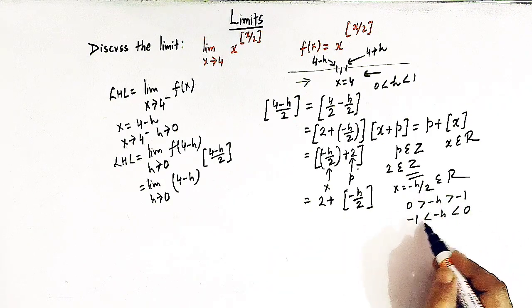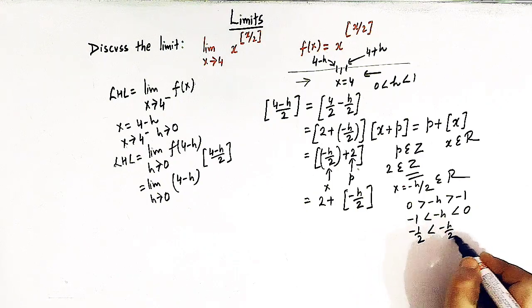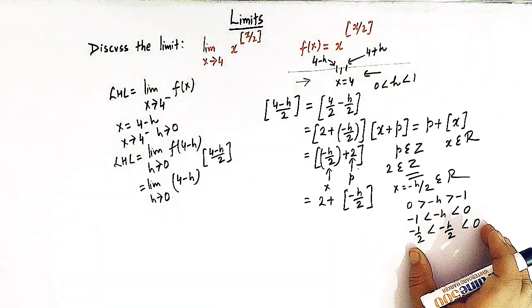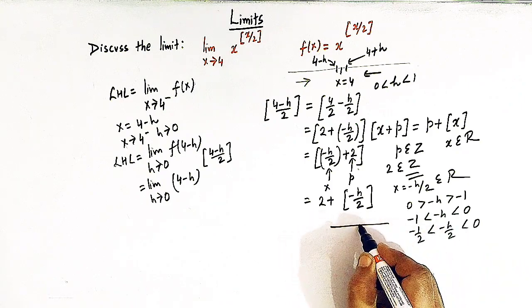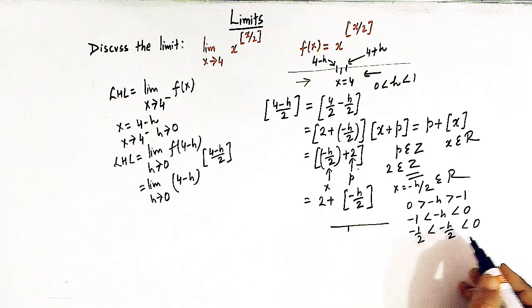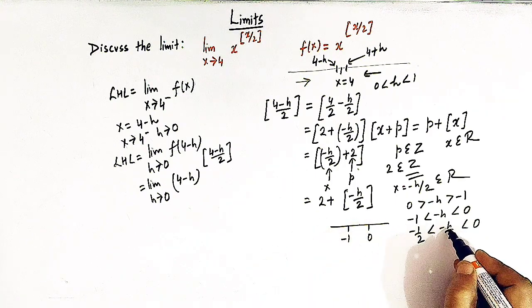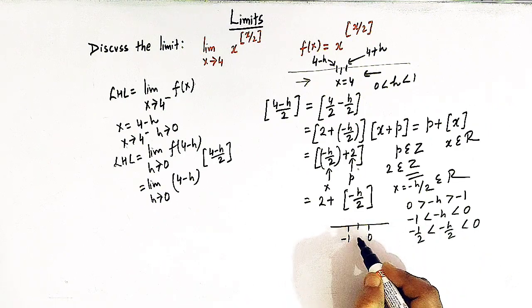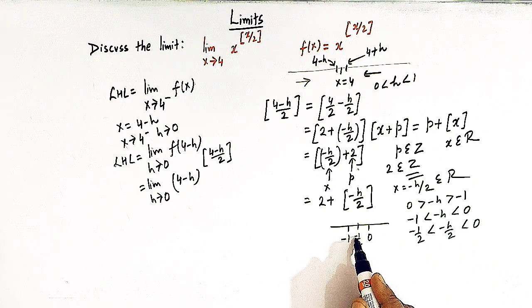So now if we divide both sides by 2, we have minus half and minus h over 2, and here we have 0. So this inequality suggests that this minus h over 2 lies between minus half and 0. So here we have minus 1, here we have 0. So minus h by 2 lies between minus half, we have minus half somewhere over here, and minus 1 and 0.